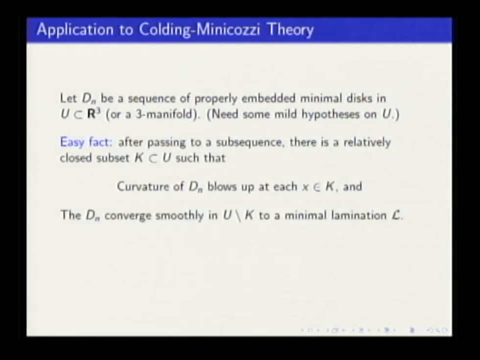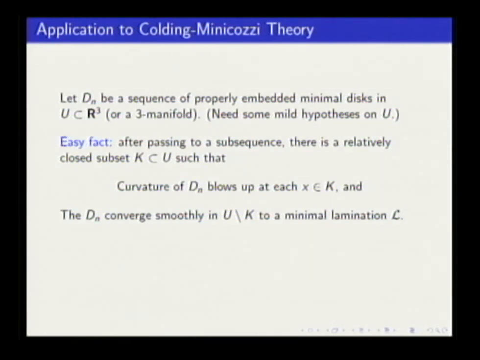And now, the following is a very easy fact. Maybe it was first stated by Colding-Minicozzi, but this is quite easy. After you pass to a subsequence, there's a relatively closed subset K of U, such that the curvatures blow up on that subset, but away from the subset, the surfaces converge smoothly to a minimal lamination.